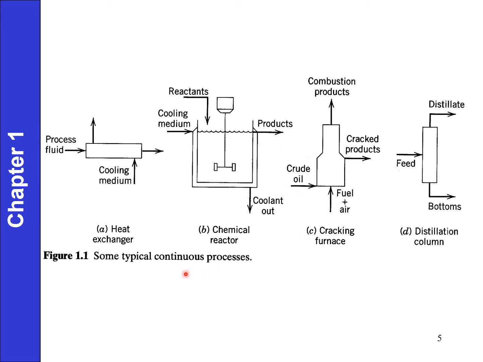Another type of continuous process is a cracking furnace, with crude oil, fuel plus air, cracker products and combustion products, and a distillation column. In a distillation column, we have a feed, distillate and bottoms. So these are examples of typical continuous processes.